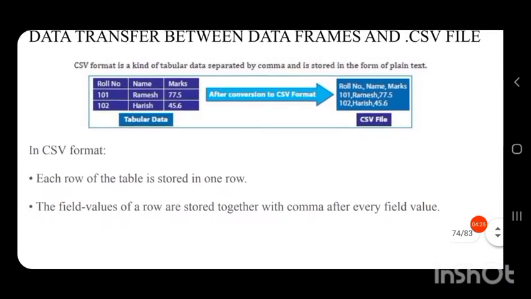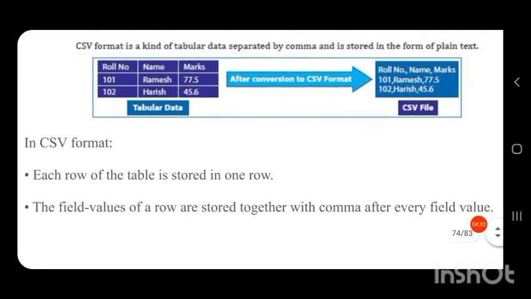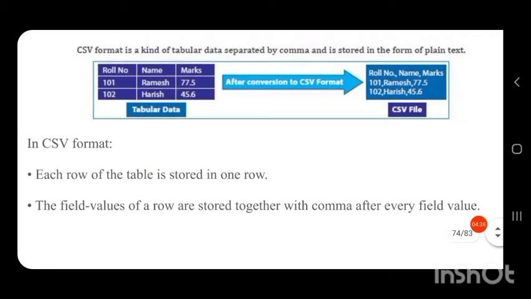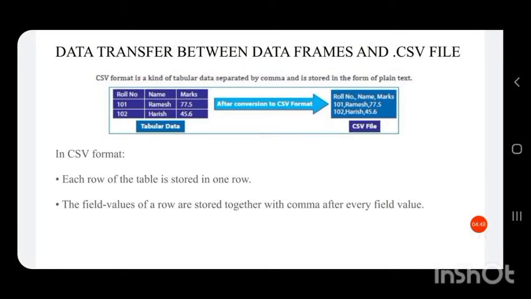So each field value is separated by commas in a single row. The second row will be in the same way in the CSV file, separated by commas, and so on.